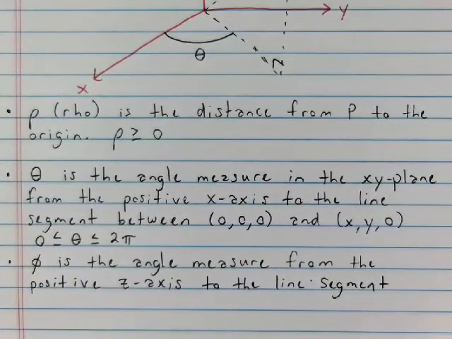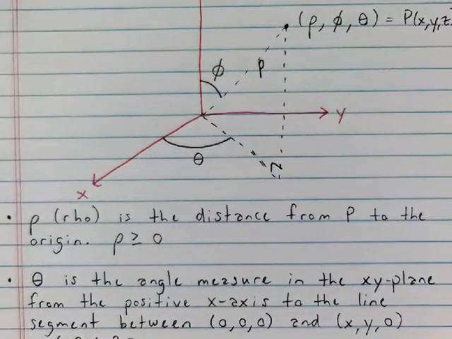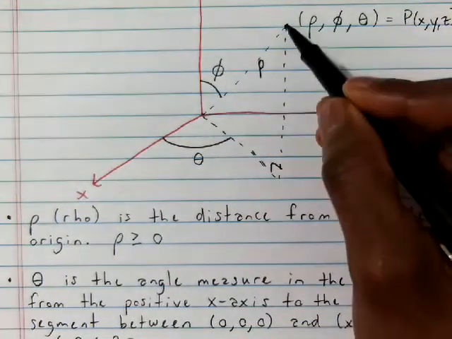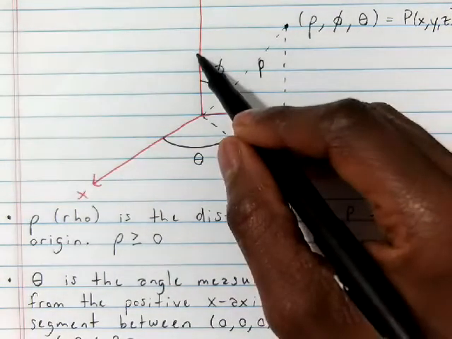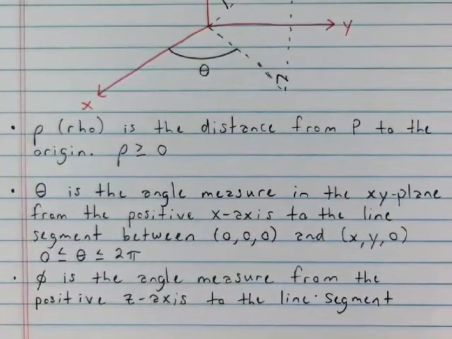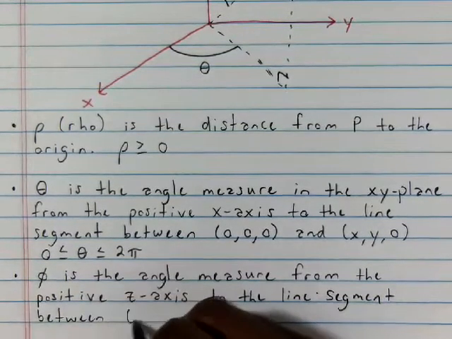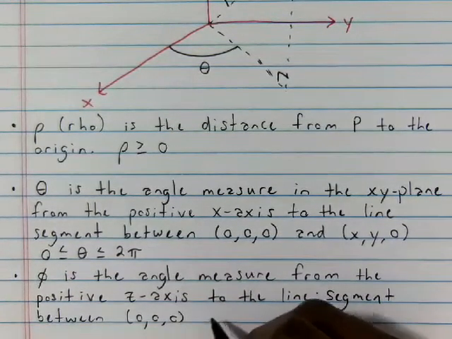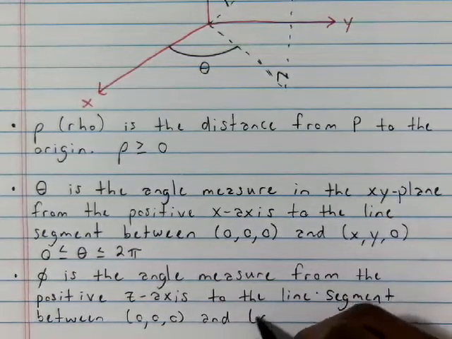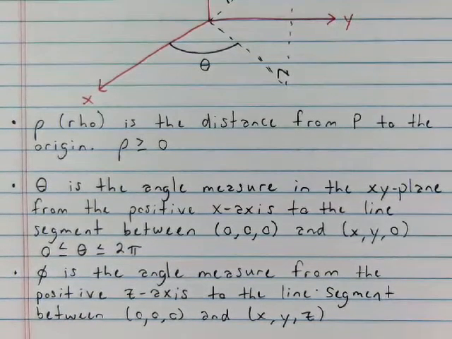So phi is the angle measure from the positive z-axis to the line segment. And now the line segment we're considering here is between the origin and x, y, z. So from the positive z-axis out to that line segment right there. So from the line segment between 0, 0, 0 and x, y, z, phi can vary between 0 and pi.